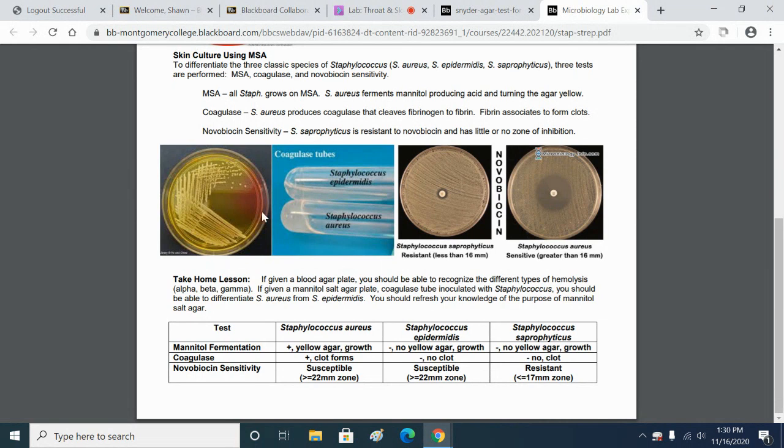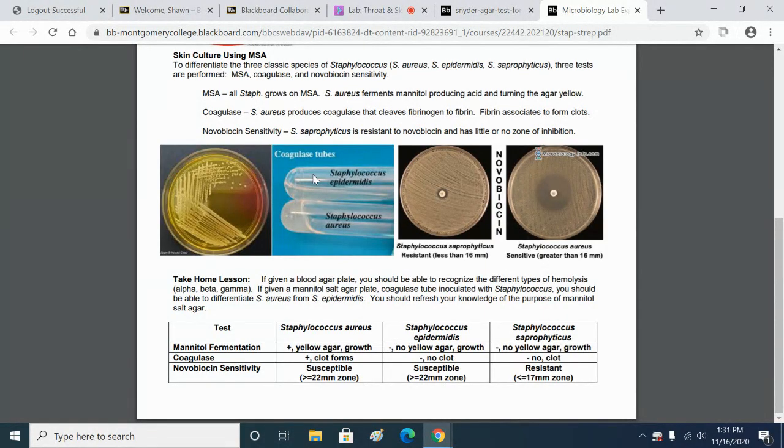And so in the image, the tube on the bottom has this thick clot, right? So when you turn the tube sideways, the clot is still there on the bottom. If there's no clot, well, then the liquid runs along the tube. And then again, Staph aureus is positive for a clot. It's positive for coagulase.